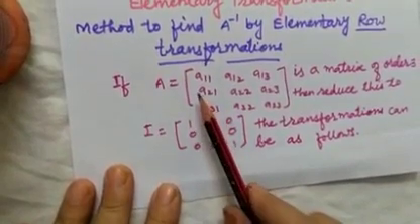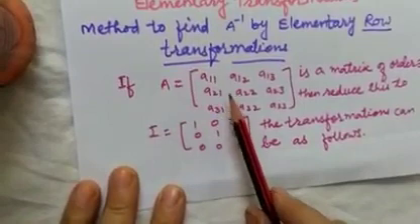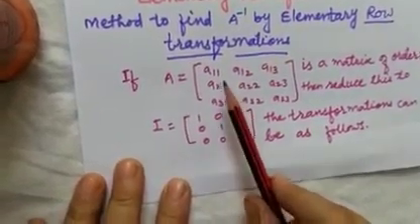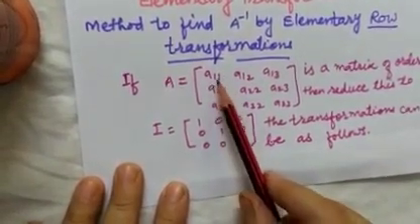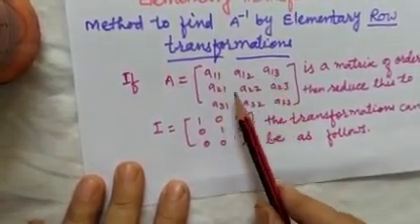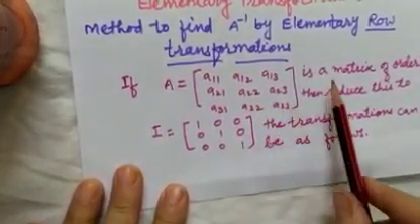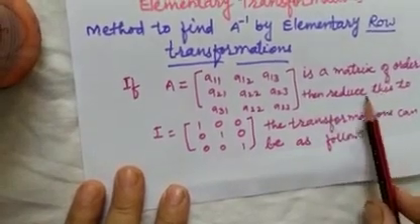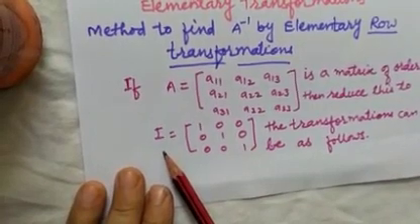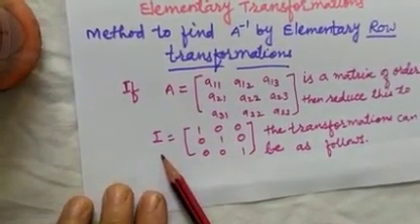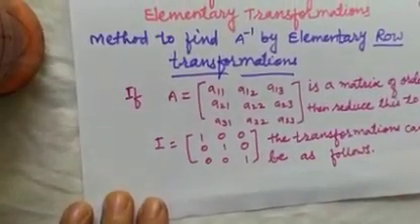For finding the inverse of a matrix, if A is a matrix of order 3 by 3, see the positions of each and every element: A11, A12, A13, A21, A22, A23, A31, A32, A33 is a matrix of order 3, and reduce this matrix to the unit matrix, having elements 1, 0, 0, 0, 1, 0, 0, 0, 1.